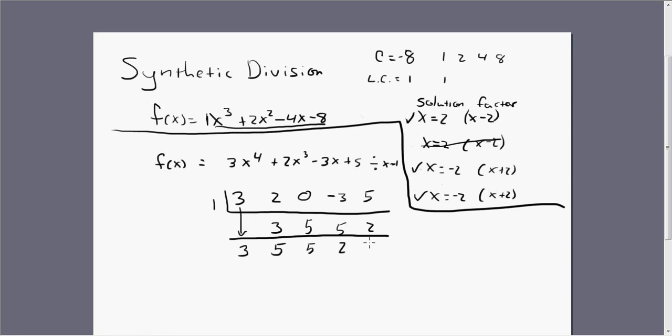So I end up with a remainder of 7, and because this was degree 4, this ends up being 3x cubed plus 5x squared plus 5x plus 2 with a remainder of 7 over x minus 1.